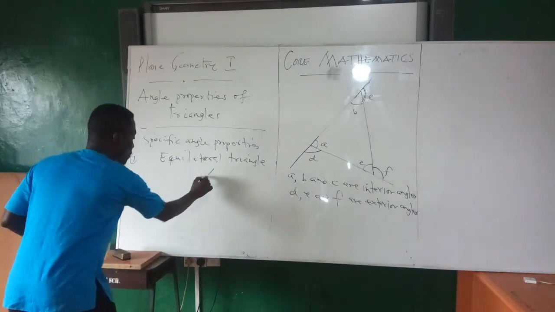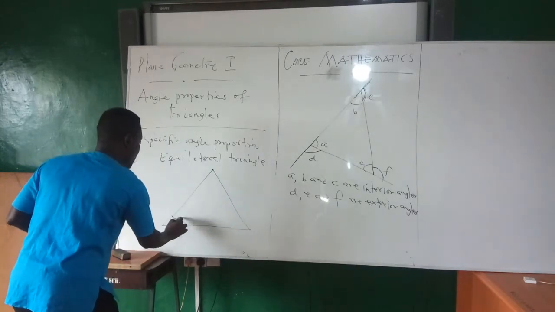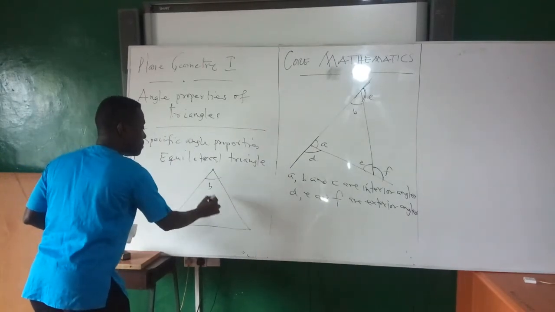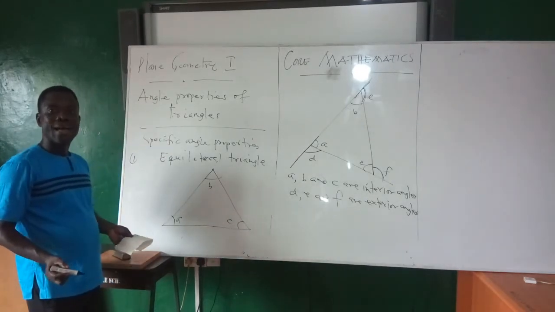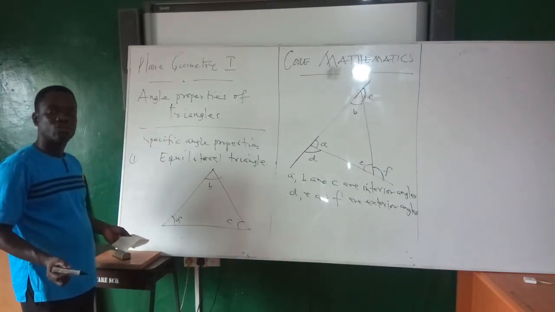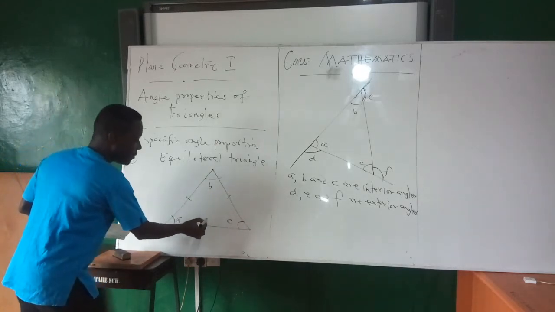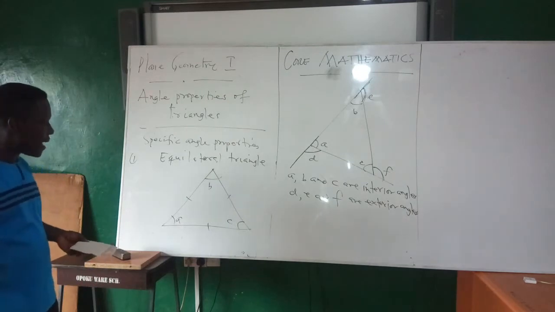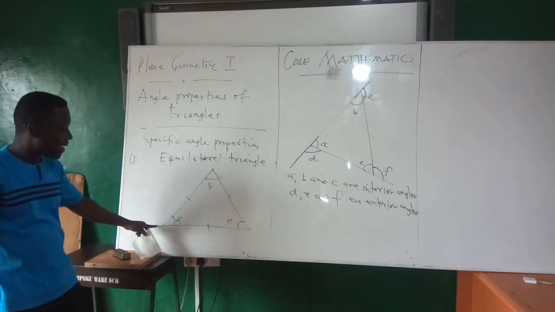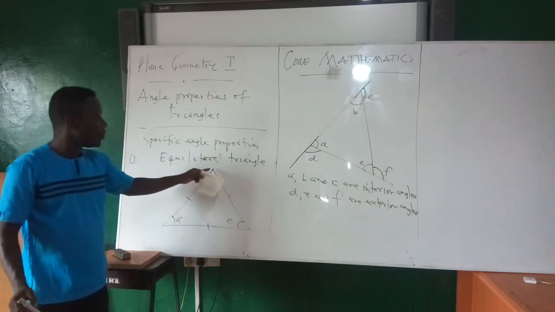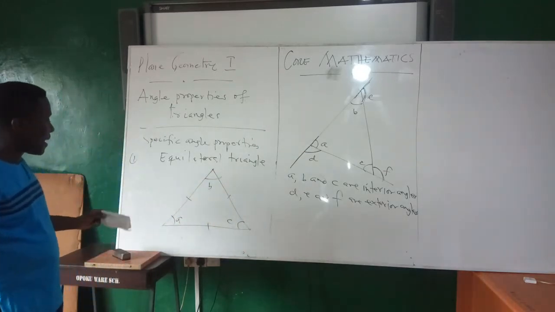So, for example, I have this, my equilateral triangle, with A, B, C. What shows that I'm referring to an equilateral triangle is the signs I put there. Anytime you see something of that nature, it is telling you that the length of this side is equal to this side, and it's also equal to that side. Very, very important.